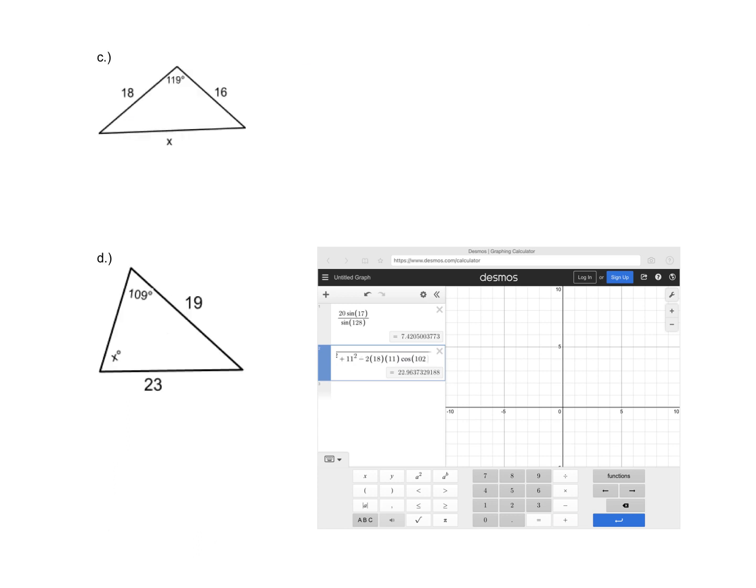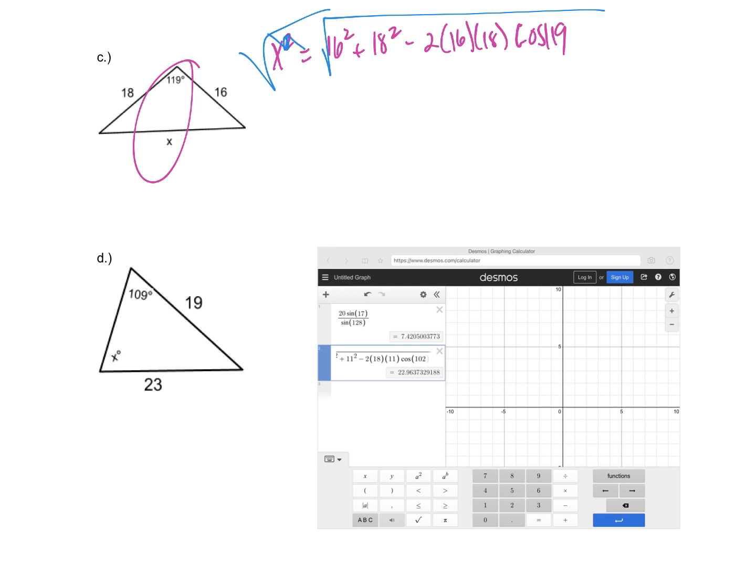All right, two more. This one is exactly the same as the last one. So we're going to do x squared is equal to 16 squared plus 18 squared minus 2 times 16 times 18 times the cosine of 119. Over here, I'm going to take the square root. So I get x is approximately equal to, and I'm going to type all that in again.